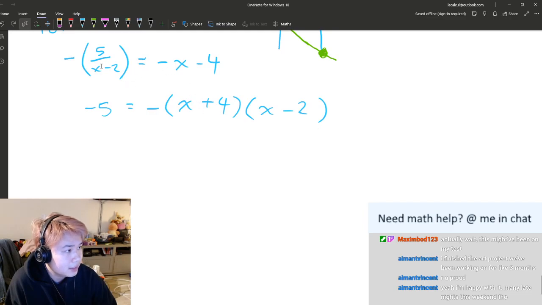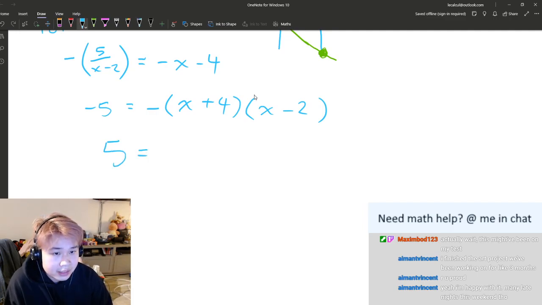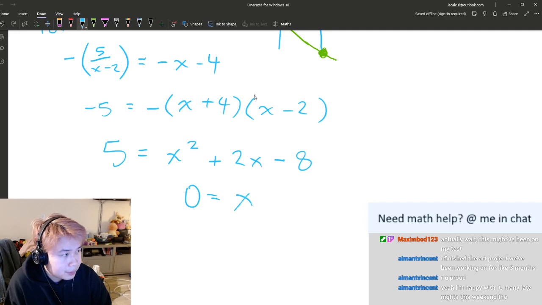So those negatives on both sides will cancel out, and then if I expand this out, I'll get this, and then I need to solve this probably by factoring.